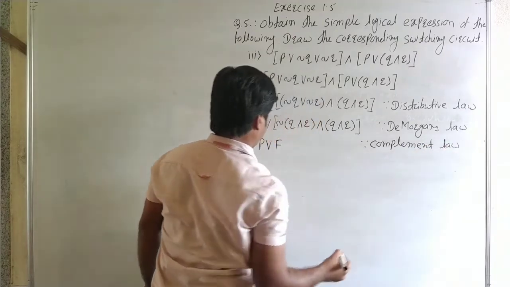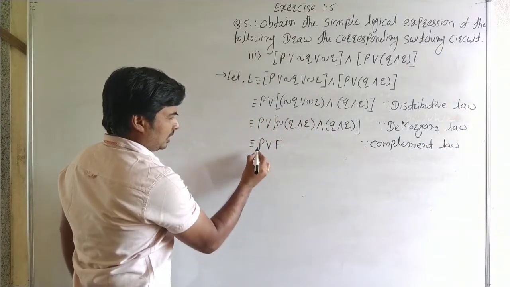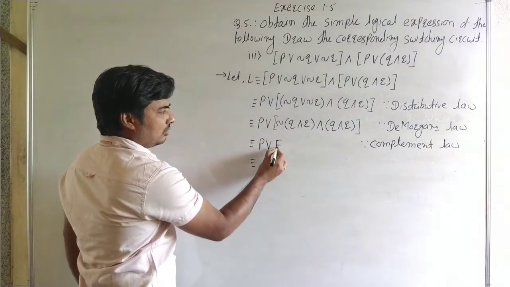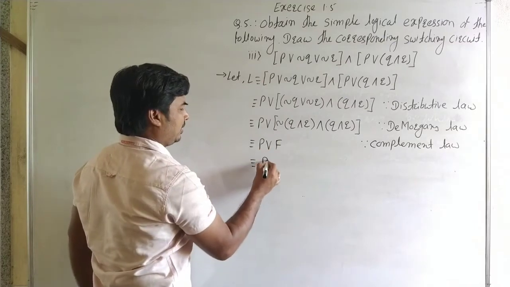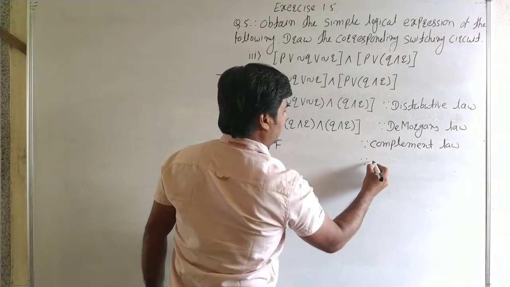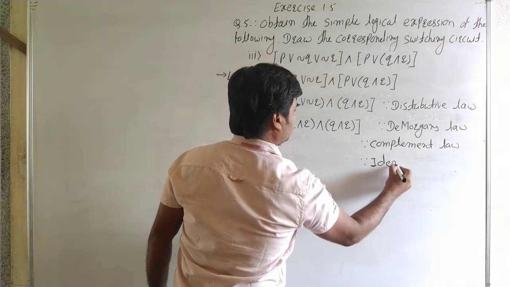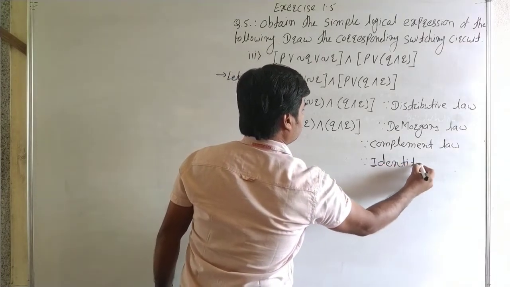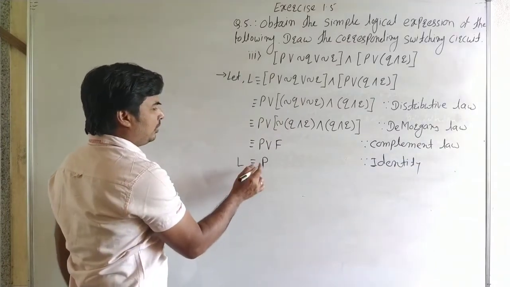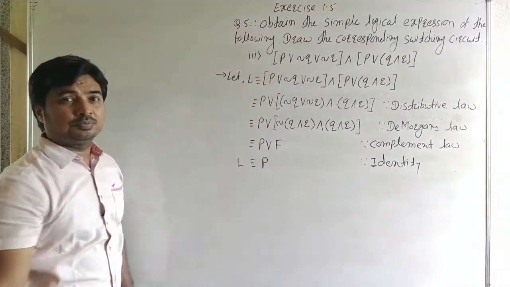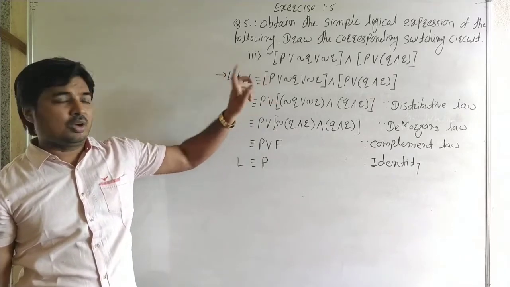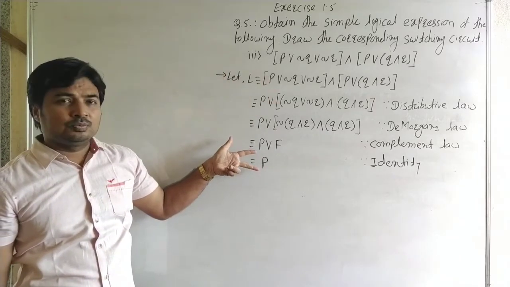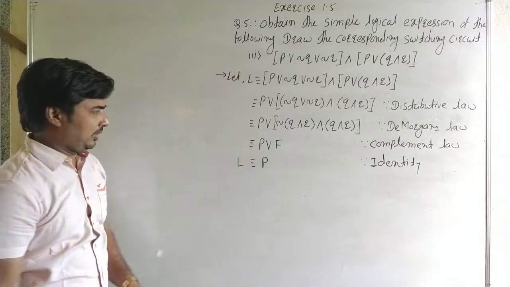Okay, and now last, P or false, that is statement or contradiction, it is a statement, it is the identity law. Now it is the simple expression for the given expression. Now construct the switching circuit for this statement.